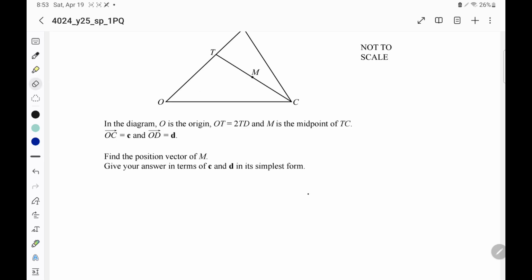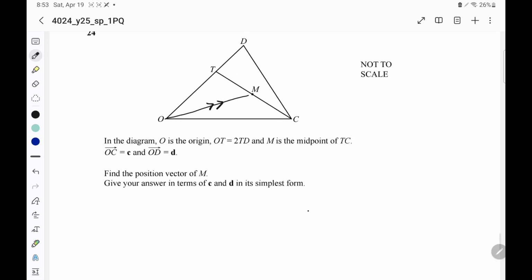Alright, and M is in the middle, right, straight line. This is our question. So first of all we just check that OC is C and OT is 2TD.